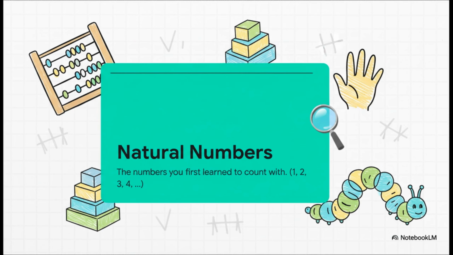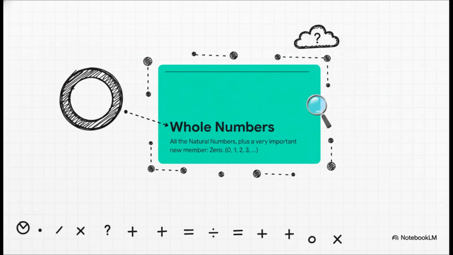Okay, right at the very heart of it all, we've got the natural numbers. These are the very first numbers you ever learned, the ones you count on your fingers. 1, 2, 3, 4, and on and on. Super simple, totally straightforward. This is the bedrock of everything else. Now the next circle moving outwards, that's the whole numbers. It's basically all the natural numbers we just talked about, but with one really important new member, 0. It seems like such a small change, right?